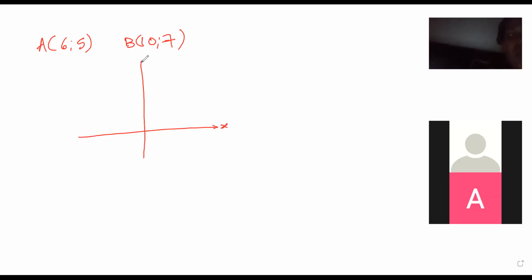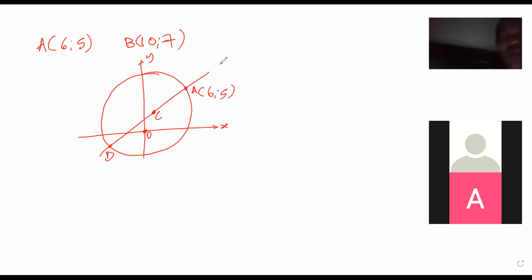X and Y. And then you are given that this is C, this is O, this is A, 6 and 5, this is B, 10 and 7.